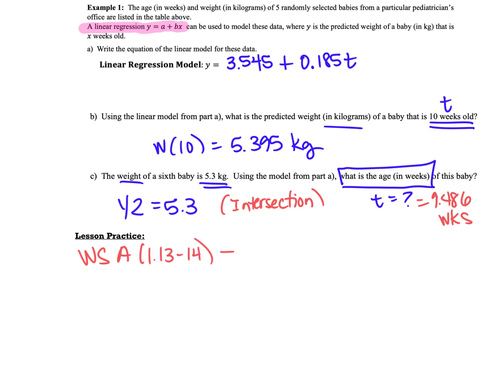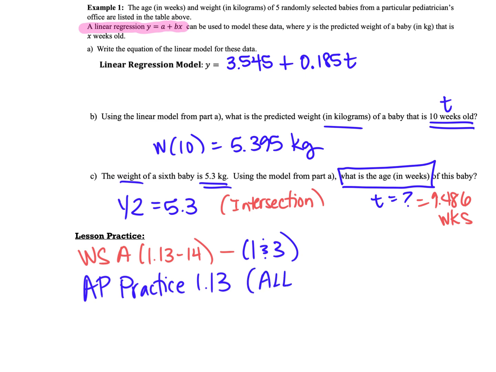On worksheet A, we're just going to do problems 1 and 3. Then you've got the AP practice for 1.13. There's 4 problems. I want you to do all of those. They're multiple choice. And the AP practice 1.4.